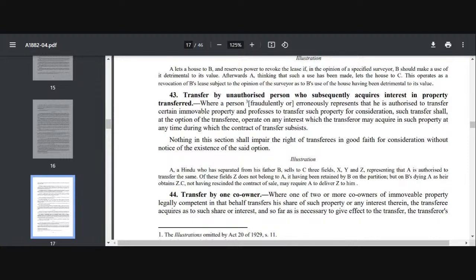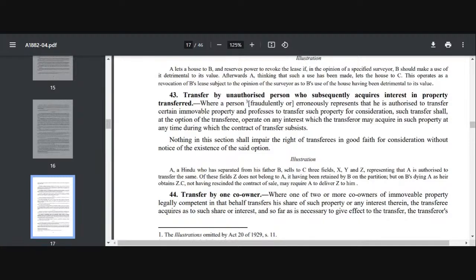You will find estoppel in the Evidence Act also. In which section of the Evidence Act do you get estoppel? Section 115, okay? And the kinds of estoppel are estoppel by pais, estoppel by deed, right? So this is one thing you have to see. Estoppel is in section 115, and here also we are talking about estoppel.